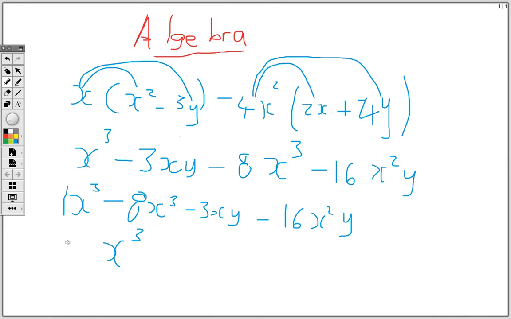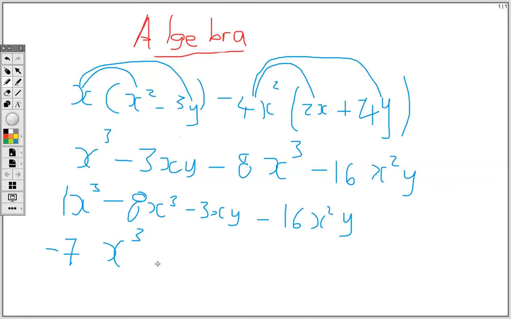I will be having, well, negative 7. And just remember, subtract, keep the sign of the bigger number. So 8 take away 1, I'm left with 7. And then we keep the sign of the bigger number, which is the negative sign.